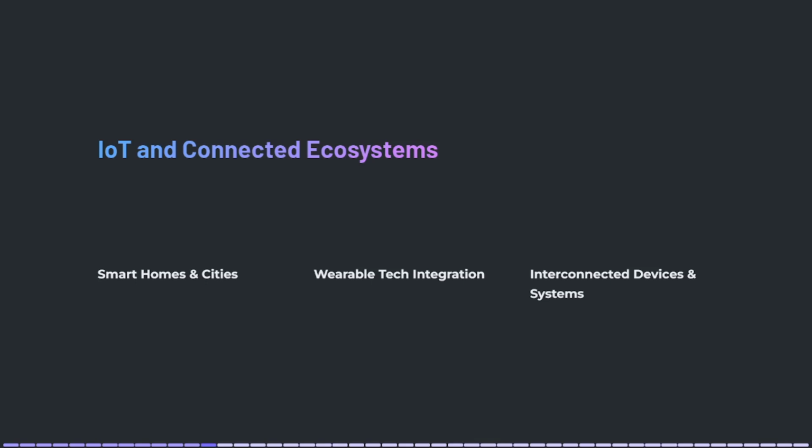IoT and connected ecosystems. The Internet of Things, IoT, is set to revolutionize the app landscape. Imagine apps controlling your home, integrating with your wearable tech, and creating a seamless connected ecosystem where every device communicates and collaborates.